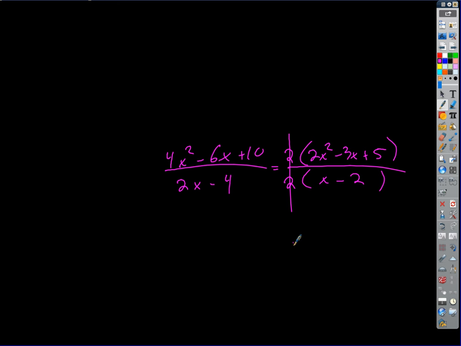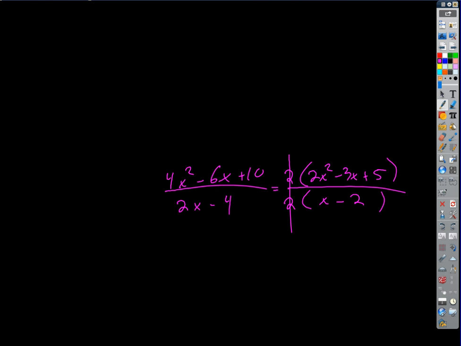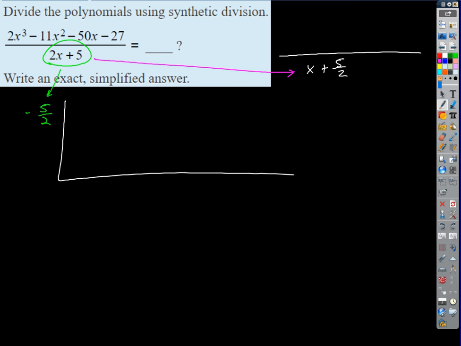But I got it, so these are equal, right? These are equal expressions. But I've got to do the same thing to the top that I did to the bottom, right? So then what am I going to do up here on the top? What am I going to get? You told me I divided the bottom by 2. I divide the top by 2, right?